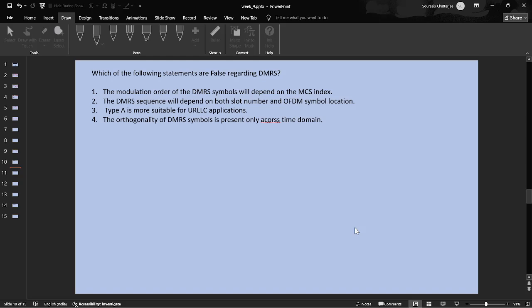Actually, for DMRS it is fixed. For CSI-RS it will depend on the MCS index, and for DMRS it is fixed. DMRS is going to be QPSK.